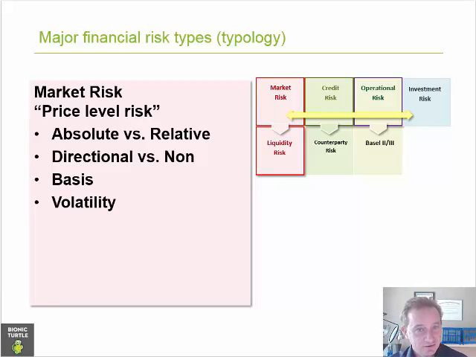Now with respect to these financial risks, I would just like to introduce to you the typology. There's no reading currently in Foundations that concerns this typology, and that's because the typology is implicit in the overall structure of the FRM, and in particular Part 2. I've got a little diagram here, and you can notice that market risk happens to be topic 5 of Part 2, credit risk is topic 6, operational risk is topic 7, investment risk is topic 8, and then we have current issues as topic 9.